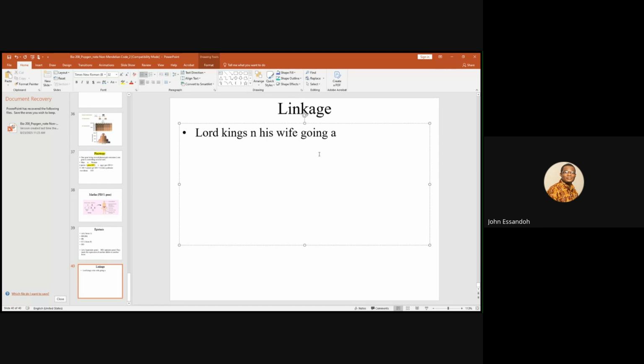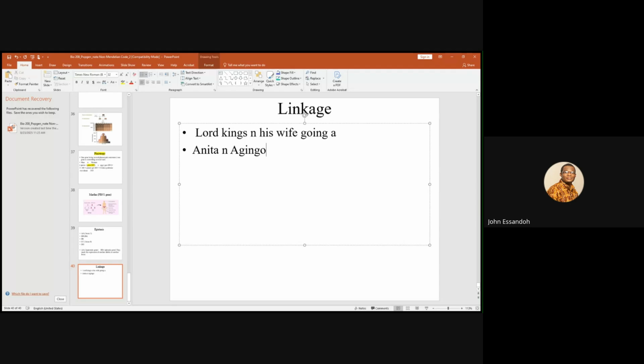Or let's take it this way: Juliet and her brother Nicholas are going for a program at the same time. The probability of them coming together is not shocking because they come from the same house. But let's say for a program, we saw Anita and Ajingo coming together.